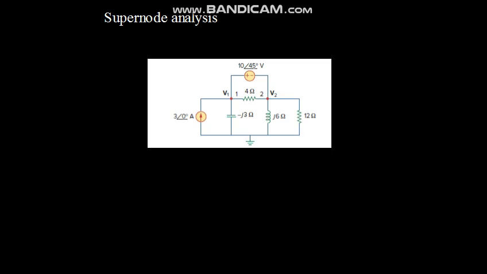At node points we always take voltages, which are recognized as nodal voltages. You can see here two nodal voltages, V1 and V2, have been marked.